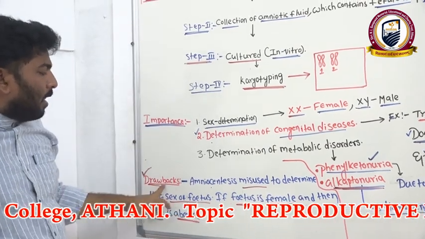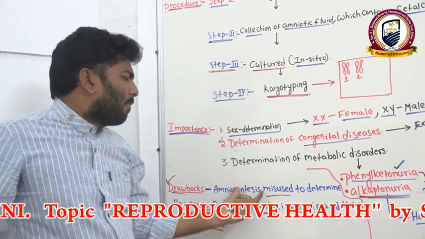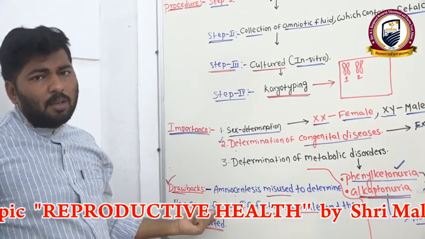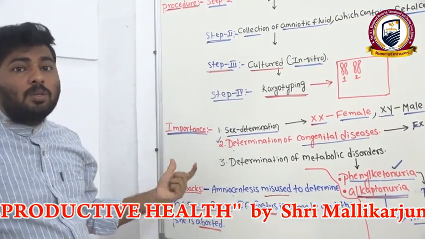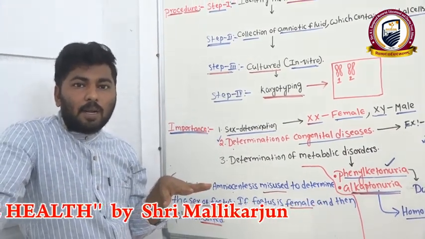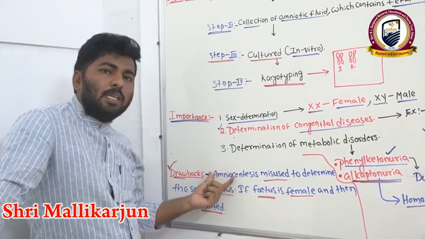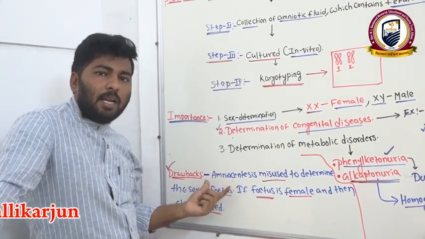The amniocentesis drawback is that it is misused. Some members, not all people, misuse it to determine the sex of the fetus, so amniocentesis is banned in India. Amniocentesis is banned in India because of illegally using it in India, especially.